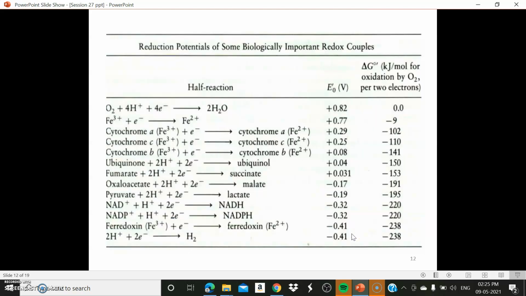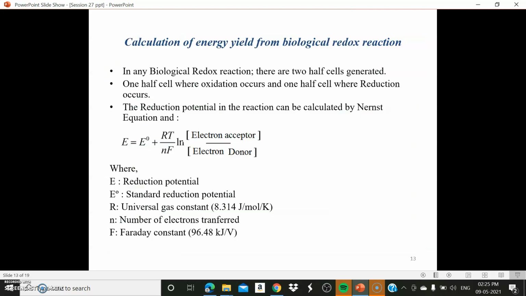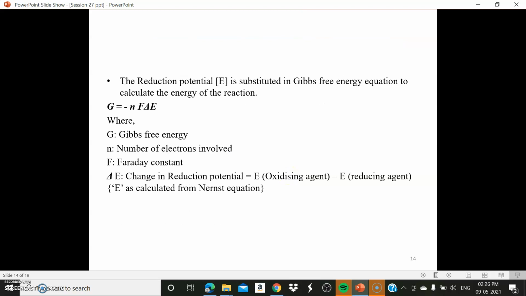Now, this shows the redox potential of some of the important couples. How do you calculate the energy yield in biological redox reactions? Using this equation: E equals E naught plus RT by nF ln of electron acceptor by electron donor. Now, you can calculate the reduction potential using this equation. Then ΔG equals minus nFΔE. These are the terms explained in this equation.